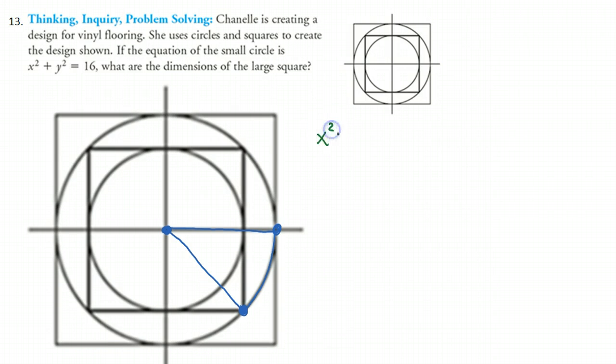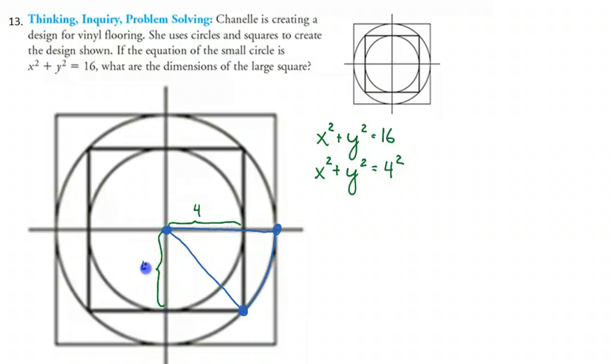If x squared plus y squared is equal to 16, I can say x squared plus y squared equals 4 squared. And what that tells me is that the length from here to here is 4, and therefore the length from here to here is 4, because that's the radius of the smaller circle. If both lengths are 4, I can calculate the length of this blue line here.